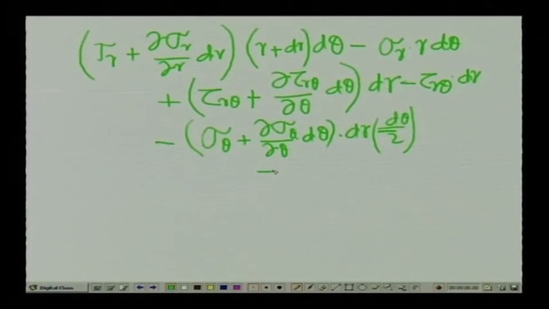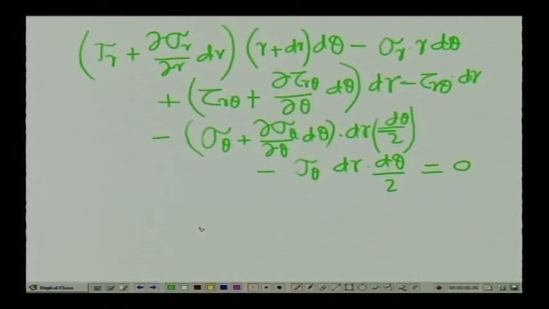Sigma theta's component is acting in the reverse direction of the radial direction, so this is negative. So, sigma theta times dr times d theta by 2, and this is equal to 0.